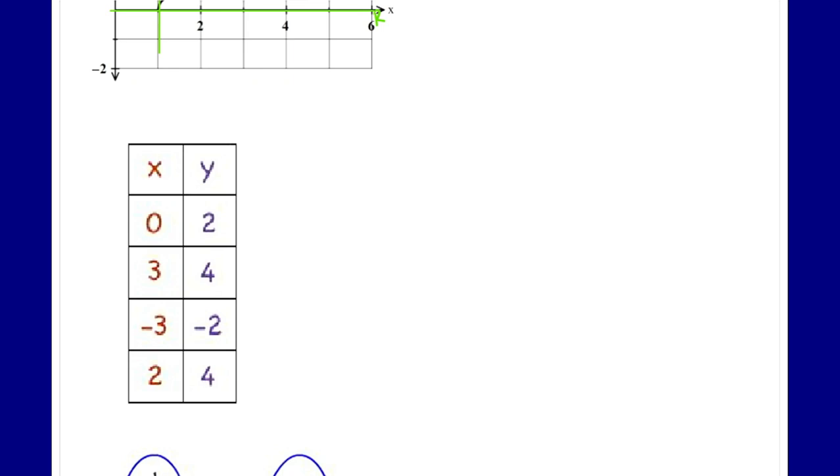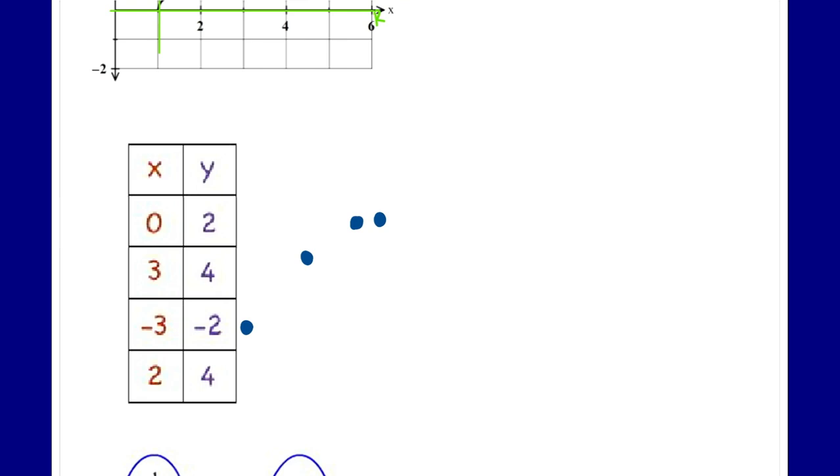If I was to plot these points just hypothetically, 0, 2 is here. 3 and 4 might be up here. -3 and -2 might be down here. And then 2 and 4 would be up here.